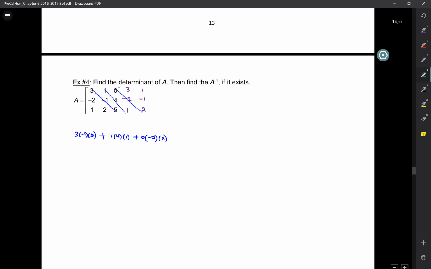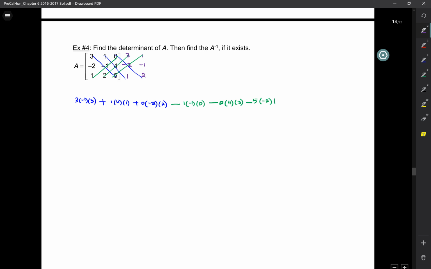Now, I'm going to go in the other direction. 1, 2, 3. Now, each of these green ones are going to get a minus sign. So minus 1 times negative 1 times 0, minus 2 times 4 times 3, minus 5 times negative 2 times 1.